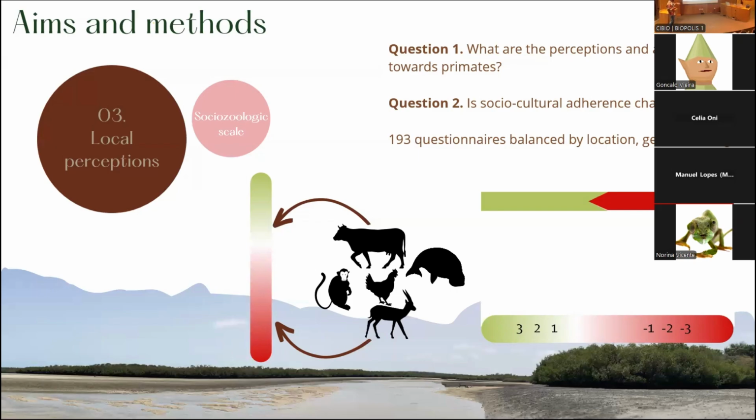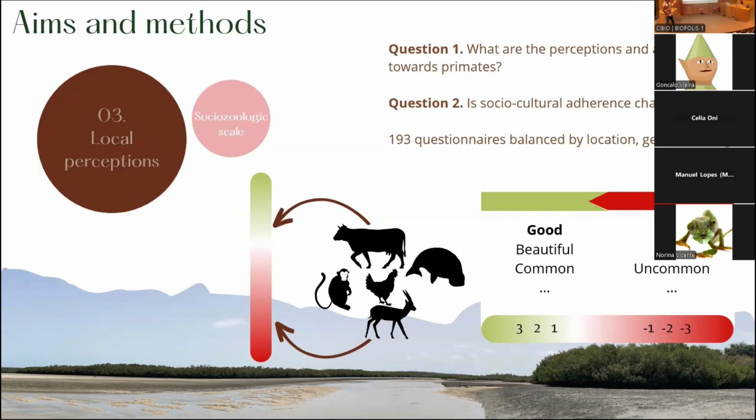What we did was you put a lot of photos on, and you ask people to identify species according to dichotomous traits, so good and bad, and then you give a score according to whether they were called first or second or third. So imagine someone says that a chicken is good, that would get a score of 3, and then if after that they say the cow and the sheep, the cow would get a 2 and the sheep would get a 1.